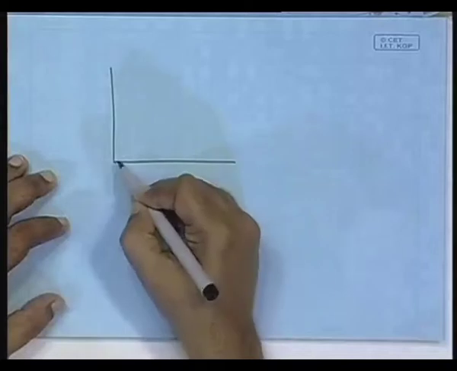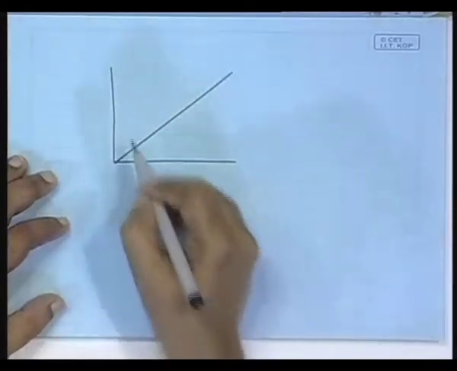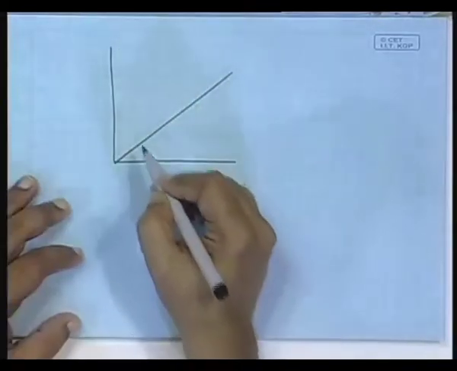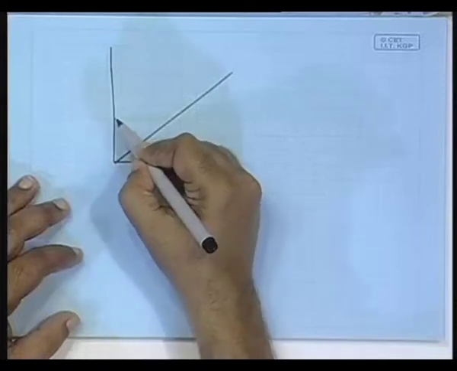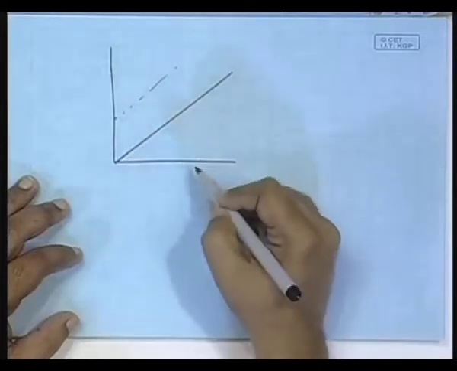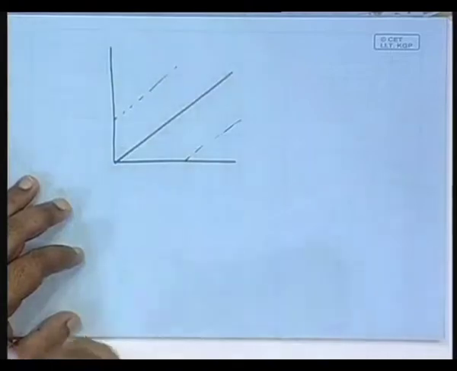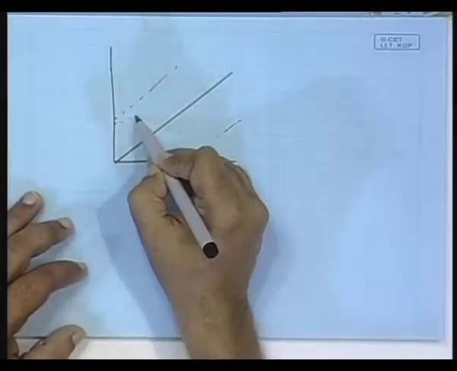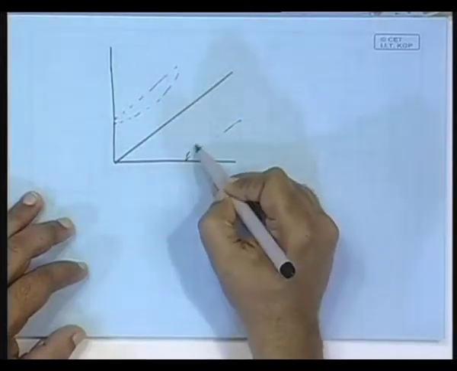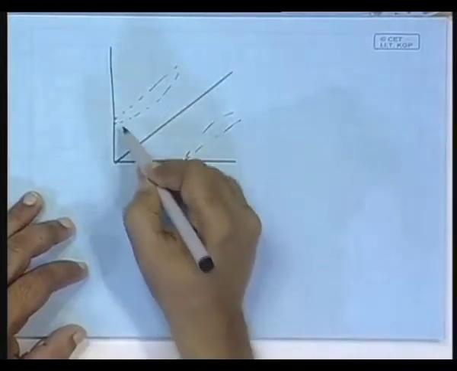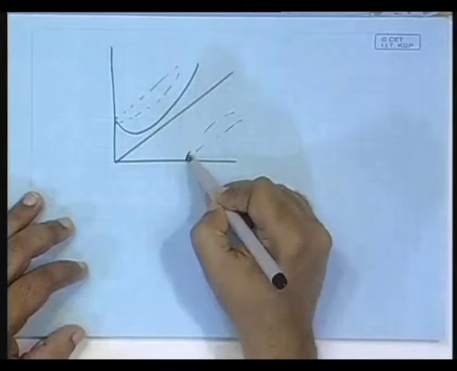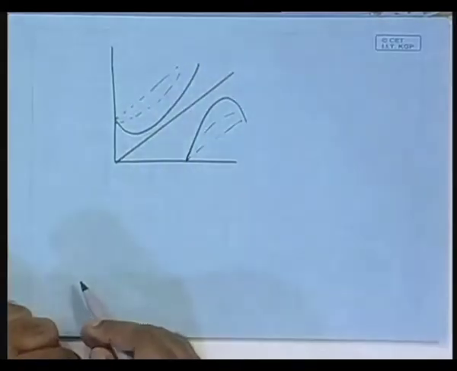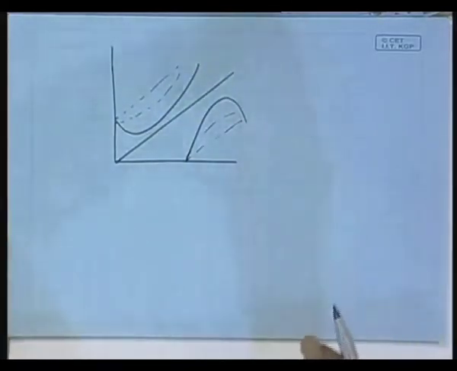Now, look at the sine circle map, its behavior. We have already shown how it looks. It looks like this if k is equal to 0. It looks like this if you have some value of k, and it will look like this for k larger than 1.